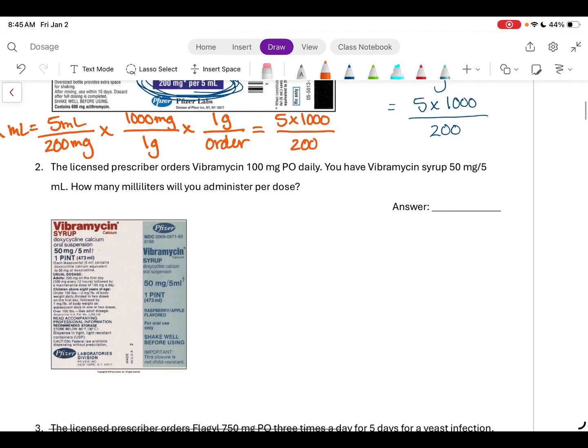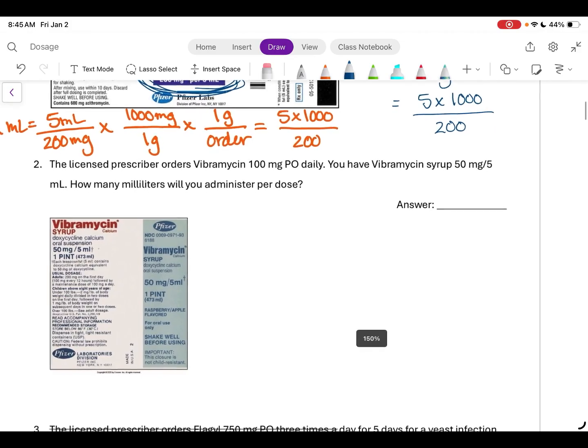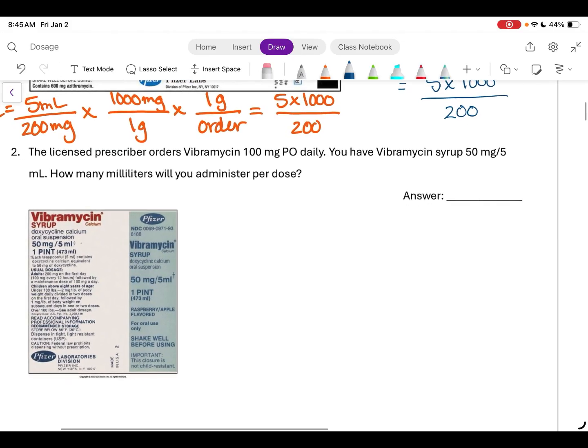Number 2. The licensed prescriber orders Vibromycin 100 milligrams daily. You have Vibromycin syrup that comes in 50 milligrams for every 5 milliliters. How many milliliters will you administer? Again, I always start with what I'm looking for: how many milliliters, XML. My problem told me my concentration, but it's also right here on the label.